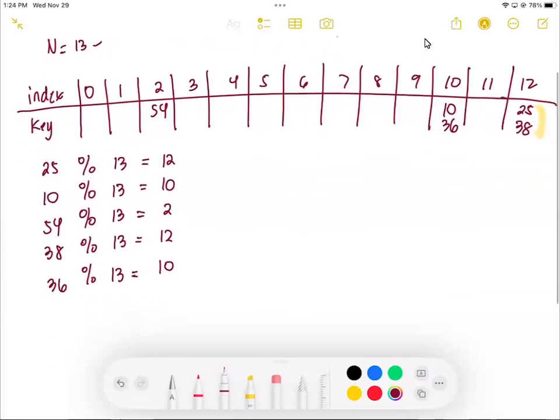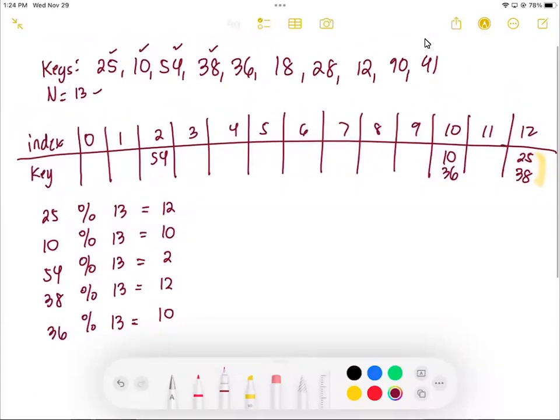Next we have 18. 18 modulo 13 is equal to 5. So we put 18 in the 5th bucket. And next we have 28. Now 28 modulo 13 is equal to 2.